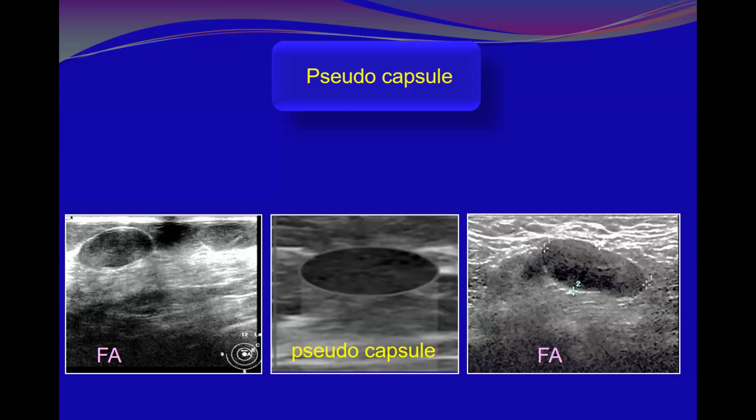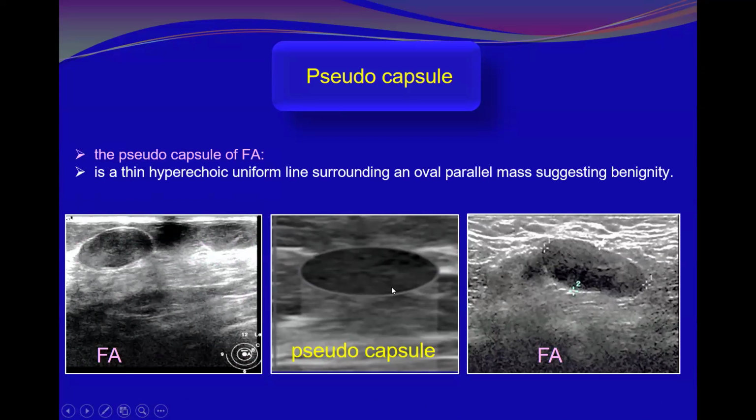Here we can see a pseudocapsule. This is a pseudocapsule, and these are two fibroadenomas. What is the pseudocapsule? A pseudocapsule is a thin hyperechoic uniform line surrounding an oval parallel mass.